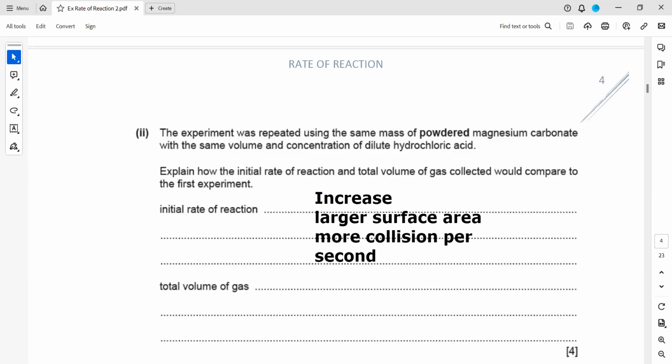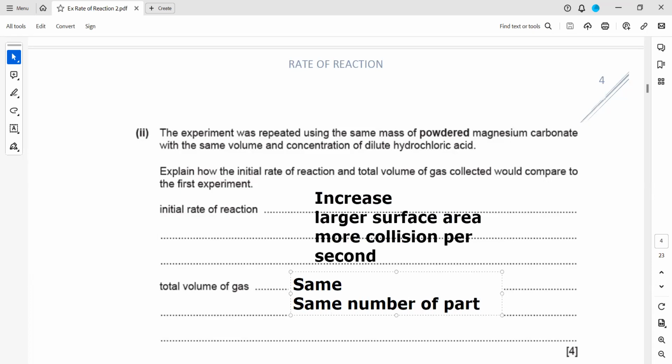Why does the total volume of the gas remain the same? Because even if we use a reagent which is in excess and we increase the amount, the total volume of gas does not change. So total volume of the gas will be the same, or constant. And what is the reason? Because we use the same number of particles, or same amount of the reactant.